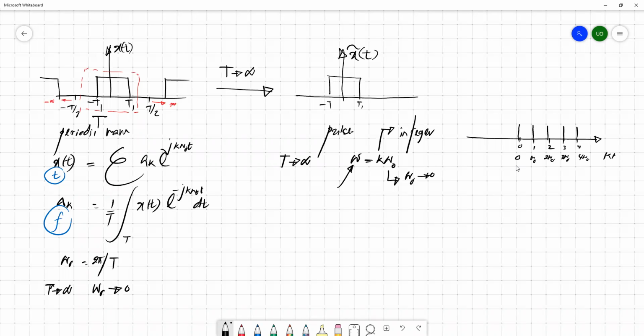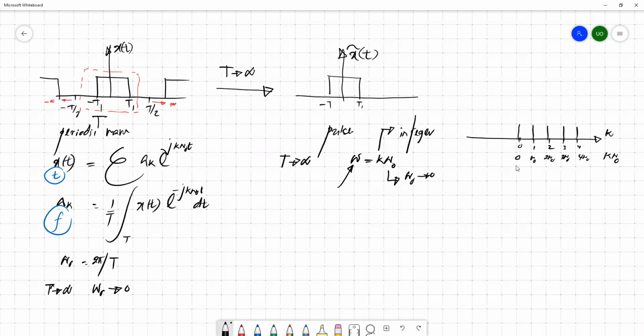So this is the k omega naught axis. I am just explaining this k omega naught. We have this k, an integer, which can take any values from minus infinity to plus infinity, and omega naught is a constant which comes from the period of this signal.